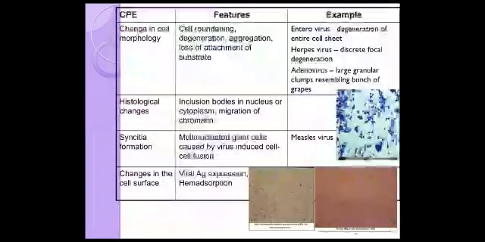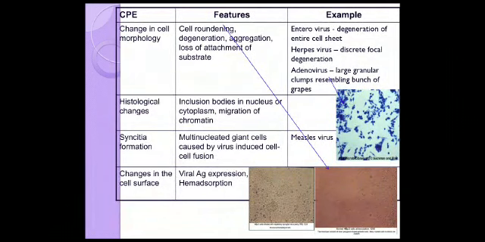Adenoviruses produce clumping of cells which resemble a bunch of grapes. Some viruses produce syncytial formation, which is usually seen in measles virus. Just to show you some of the examples where there is rounding of cells, aggregation of cells, and focal degeneration of cells.